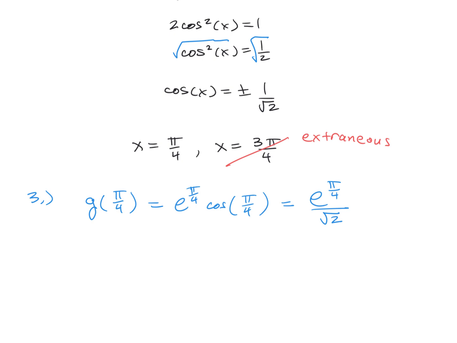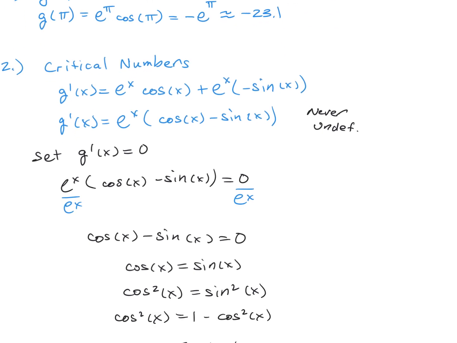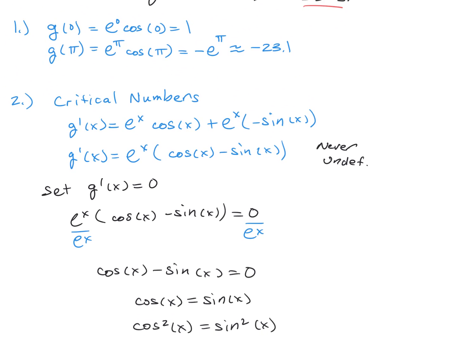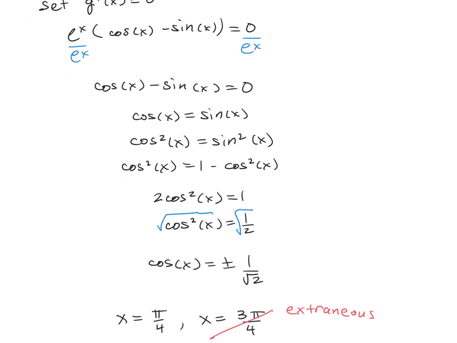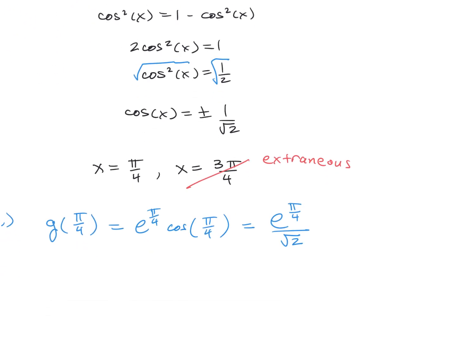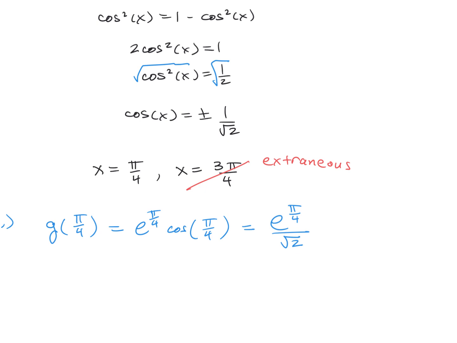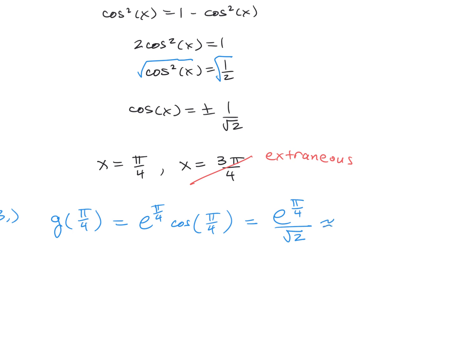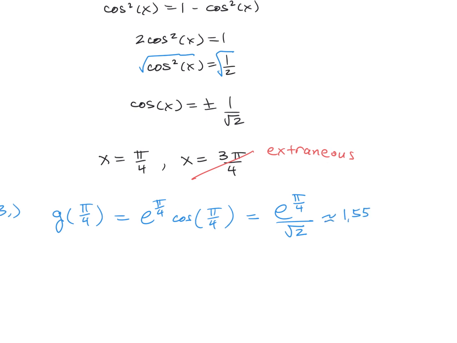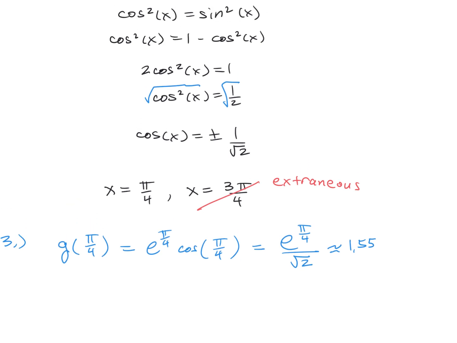And what we do know is this is a positive number, and therefore it is bigger than, well, actually no. We have actually there a 1 to compare it to. So we actually need to get the value of that so we know what we're dealing with. So we're going to go to a calculator and get that and report back in a second. All right, so this value from a calculator is roughly 1.55. And we do know that that's going to play a role in our final answer here.